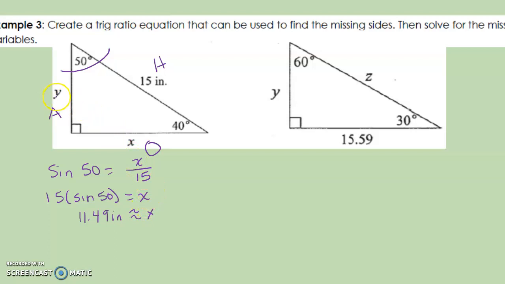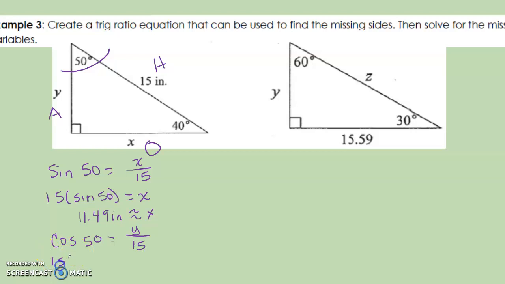Now, to solve for y, y is labeled with the a, and I was given hypotenuse. Again, I'm not going to use my 11.49 I solved for x, because if I get that wrong, it's going to cause me to get this other one wrong. So I'm going to go back to my given information, which was the h. Now I've got a and h, that's cosine. So cosine of my angle of interest equals my adjacent, which is my y, over my hypotenuse, which is 15.